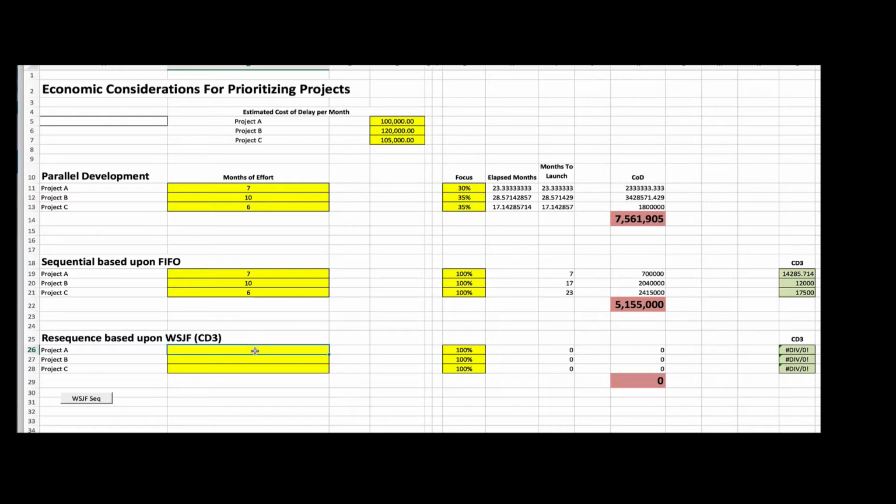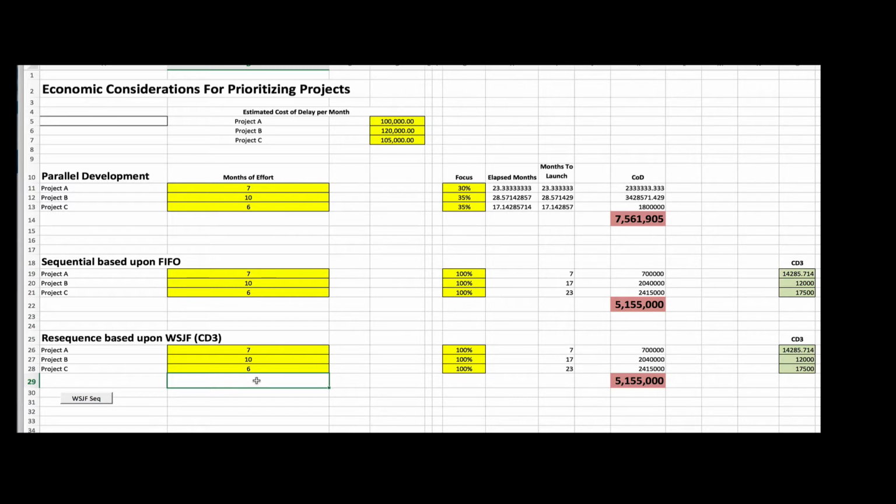Now, what if we were to apply a formula, a way to prioritize these. So let's begin by, again, putting in the effort we believe we're going to have to spend on each one of these projects. And let's apply a formula known as cost of delay divided by duration, frequently short-formed as CD3.